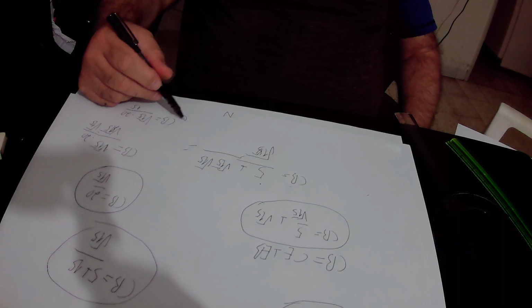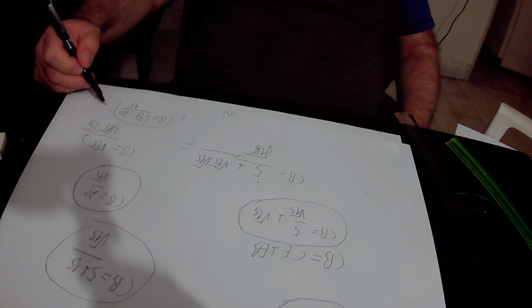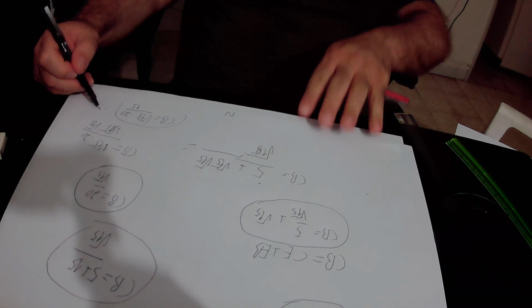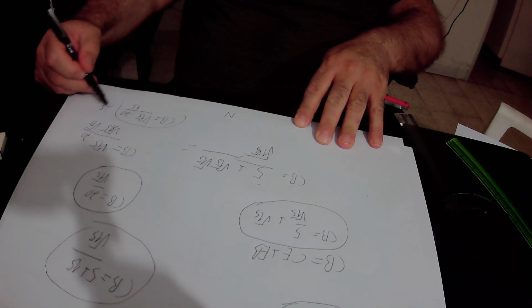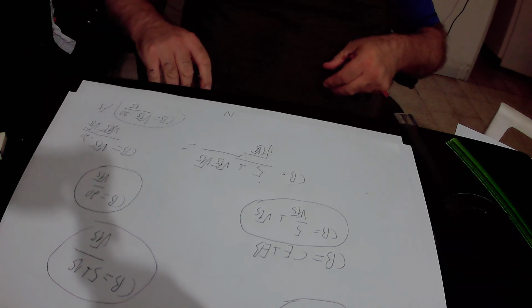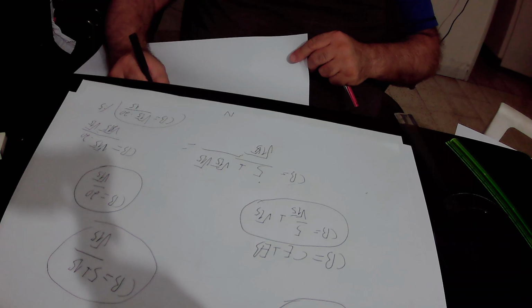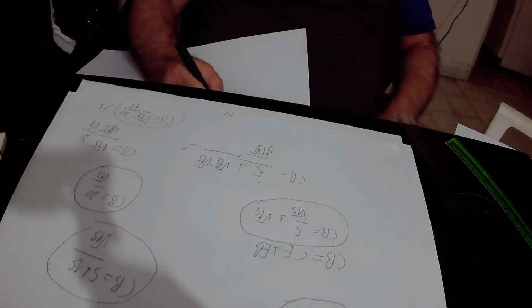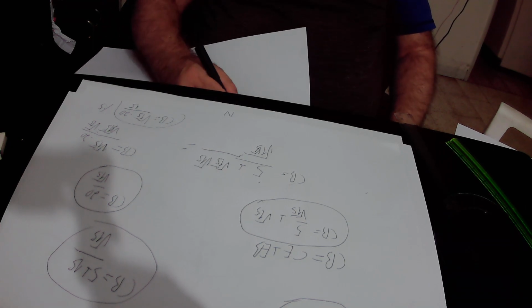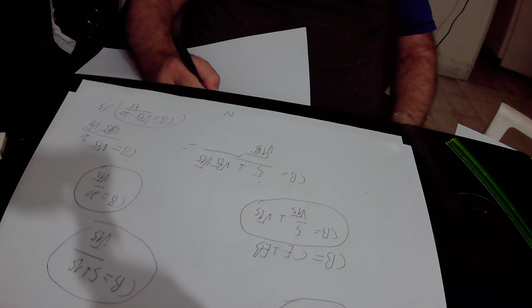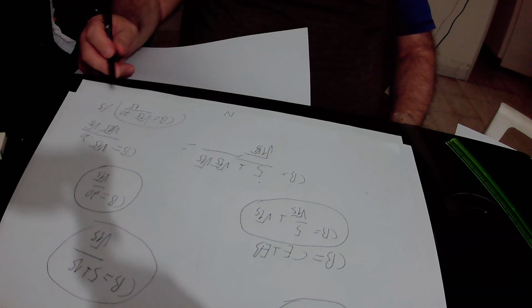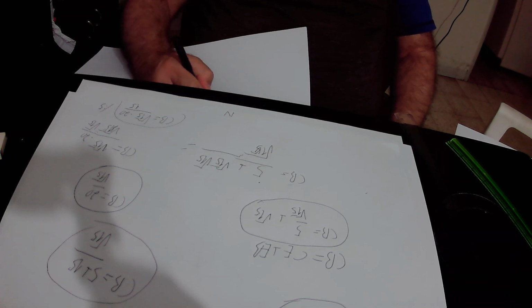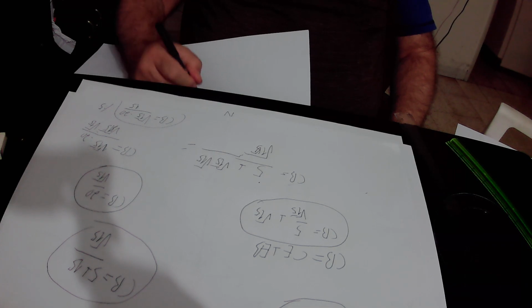We'll divide this number by 5, both the numerator and the denominator, and we find out that CB, the line segment that we are looking for, equals square root of 15, 20 over 5 is 4, and 15 over 5 is 3.